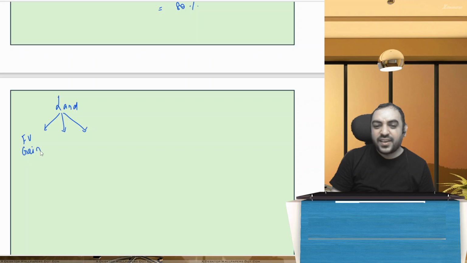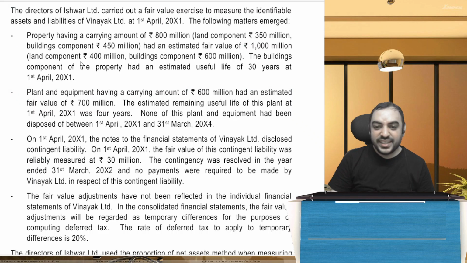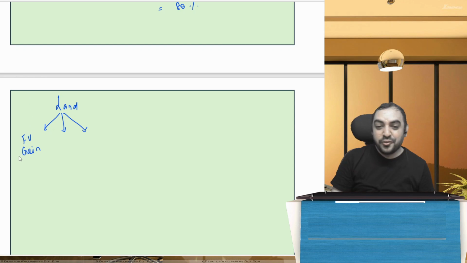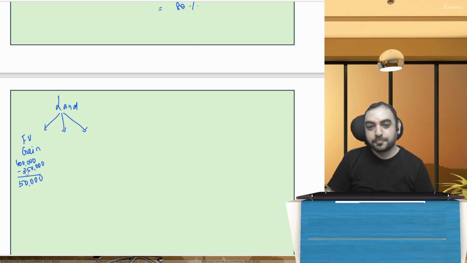That is nothing but revaluation profit. Revaluation profit: land component 350 and valued at 400. Again, this is in rupees, you have to convert it. 400,000 minus 350,000. So basically you get 50,000 as fair value gain.